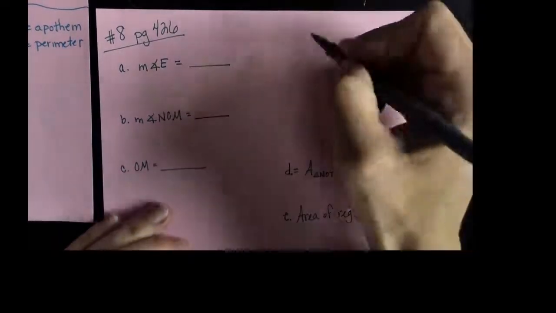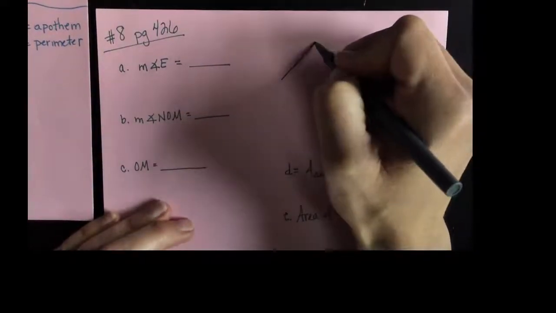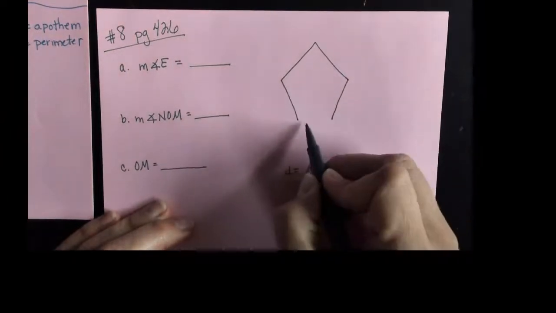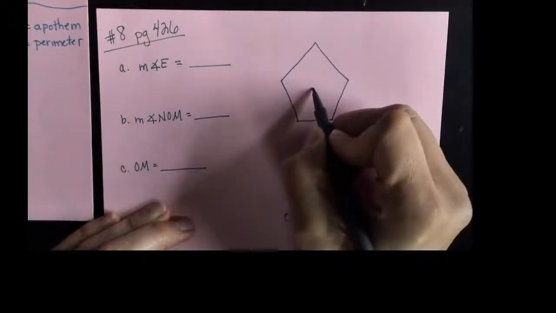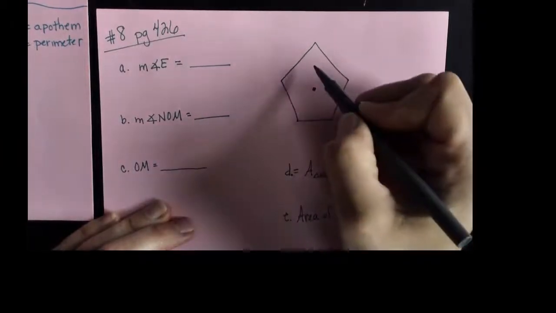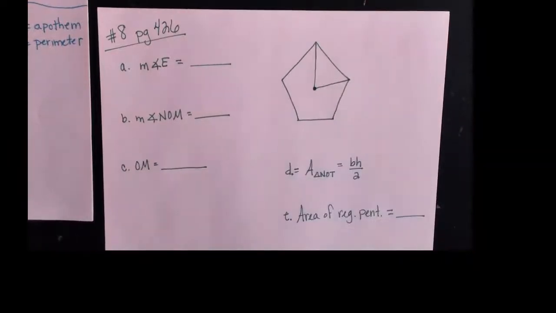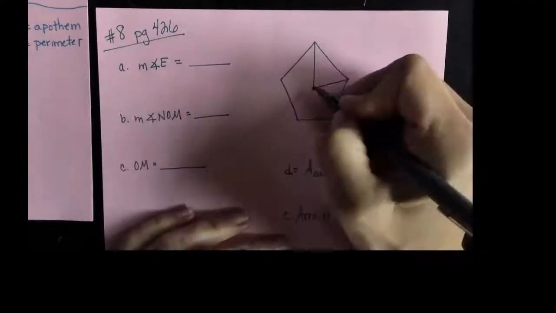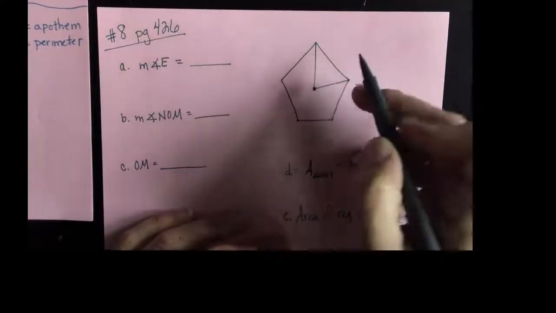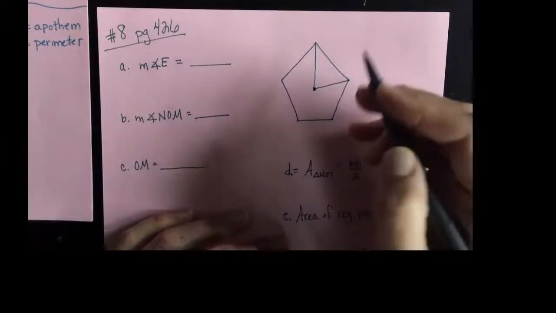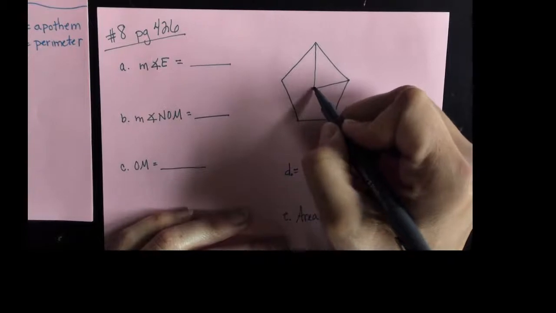So we've got all these parts, and in this pentagon, I have to remember that it's regular. I know my drawing doesn't look like it, but we also talked about it does have a center. And when we were talking about a lot of our circumscribe, inscribe, these are actually called radii because a circle could be drawn around it and it would touch exactly at each of those vertices.